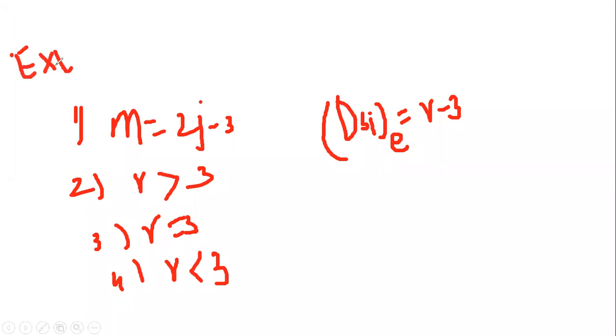Which of these four options? The four options are m is equal to 2j minus 3, r is greater than 3, r is equal to 3, r is less than 3. In which condition will the truss be externally indeterminate?